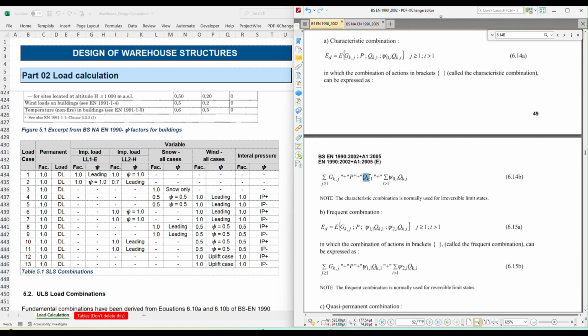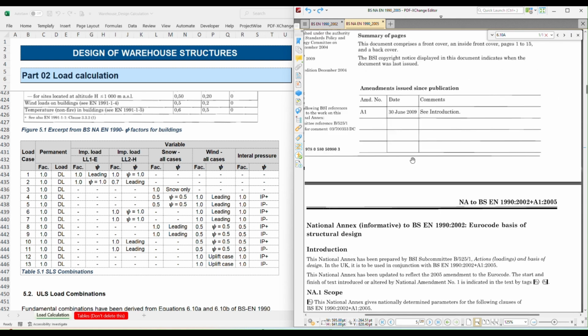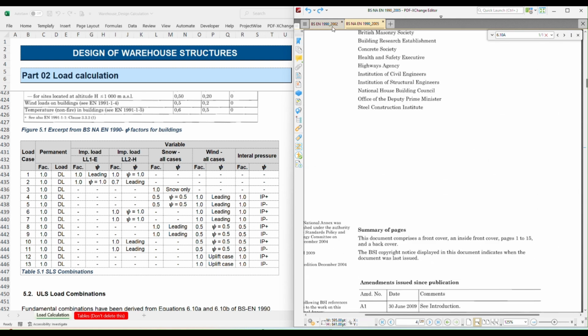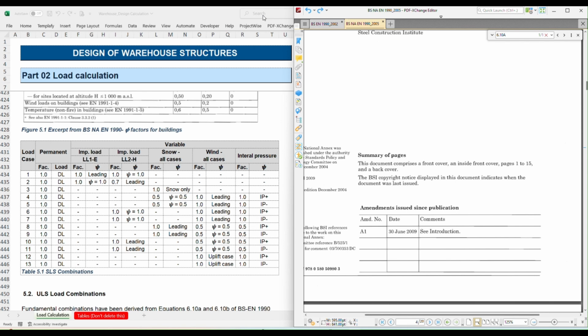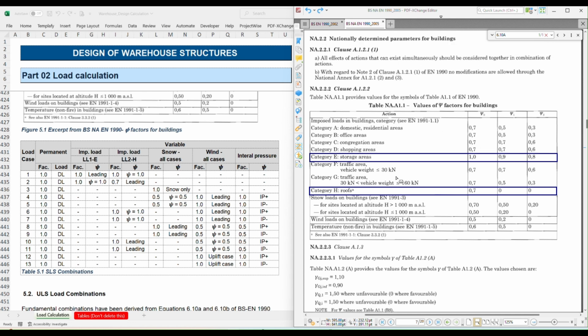And for Qk and Qki also there is no partial safety factor, so we can directly consider 1. However, as per the national annex load cases, we need to consider the reduction factor when we combine the accompanying variable load with the leading variable load. So here, like this, we can see.